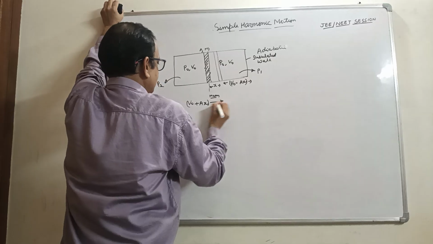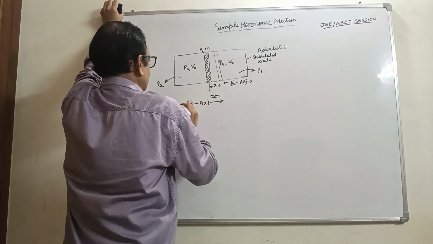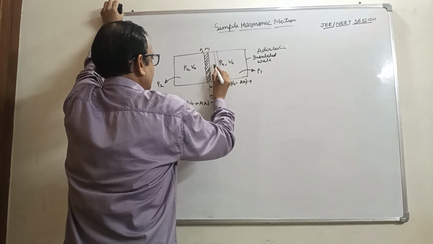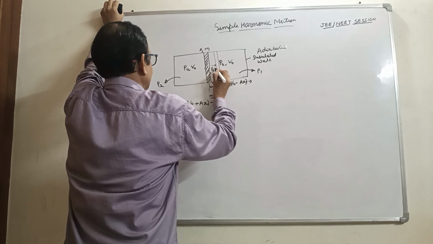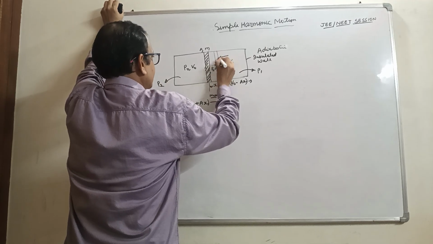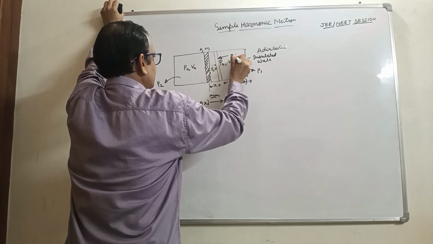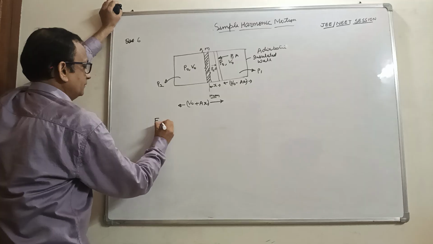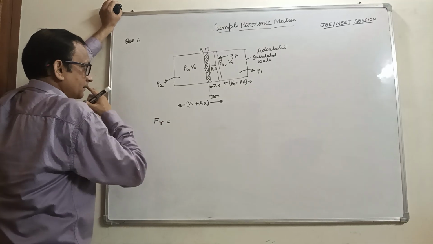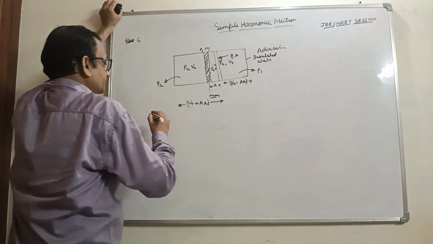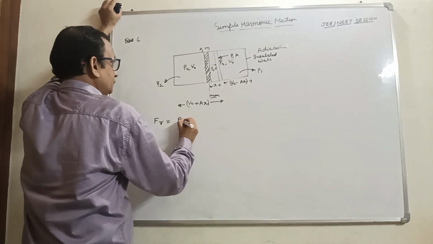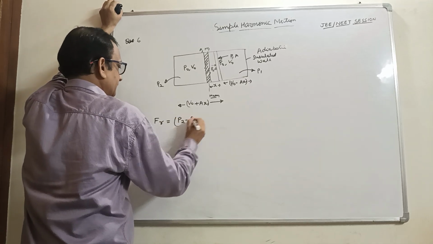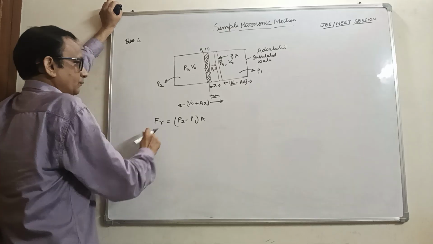The force acting here is P2 into A, and here the force would be P1 into A. So we write the restraining force as P2 minus P1 into A. This is the restraining force.